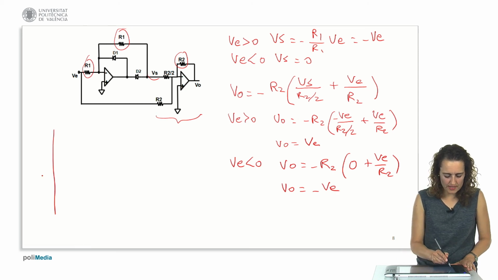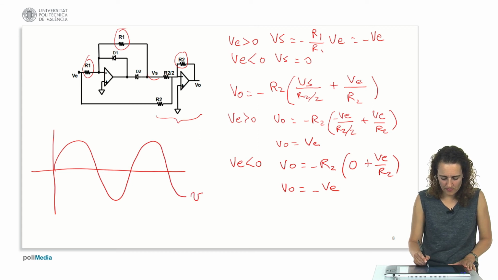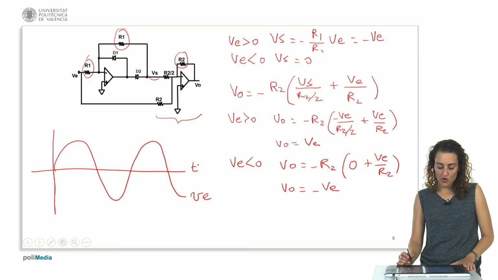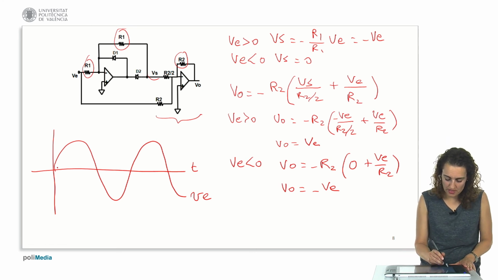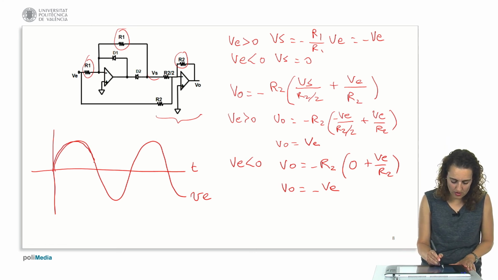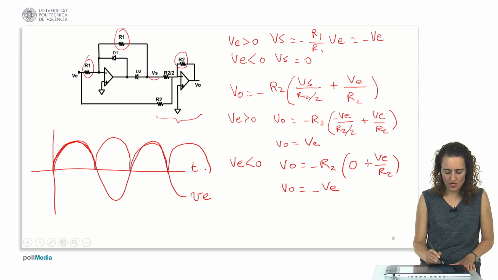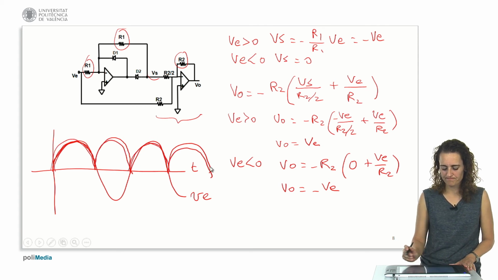So if we represent the input as a sinusoidal wave, VE versus time, when we calculate the output, for VE positive, VO is going to be equal to VE, and for VE negative, VO is going to be the inverse of VE, then positive again, then negative. So here we have a double wave rectifier.